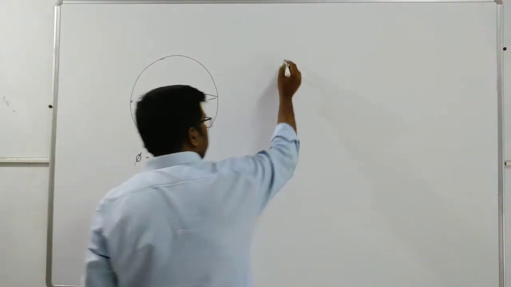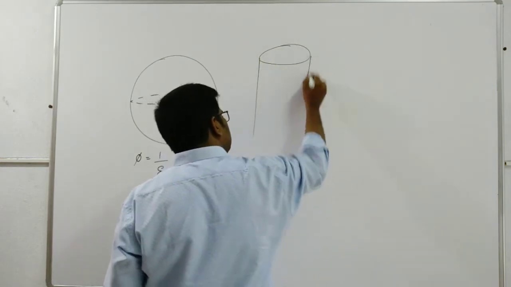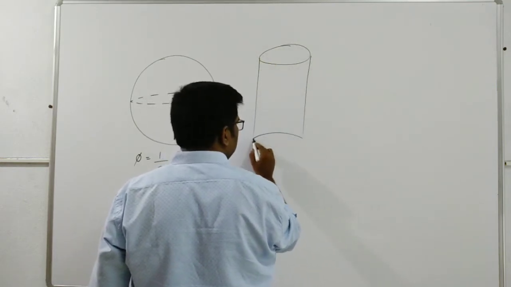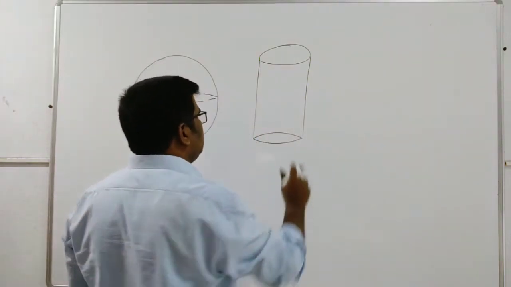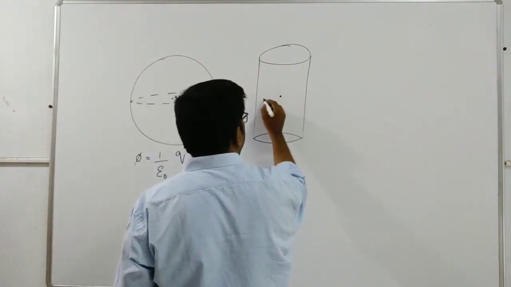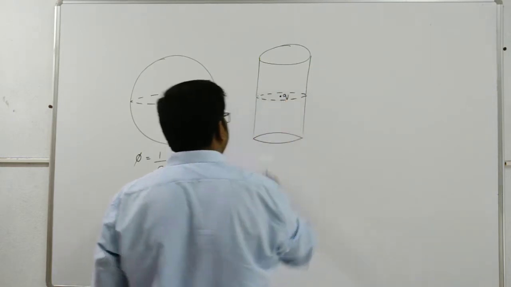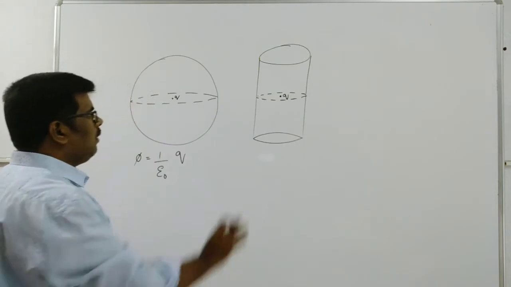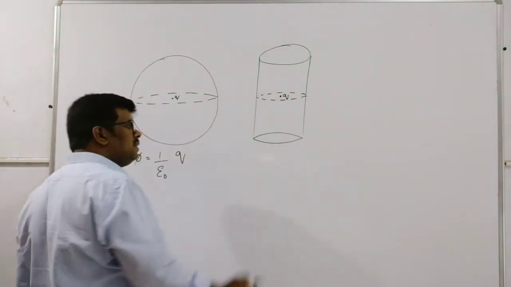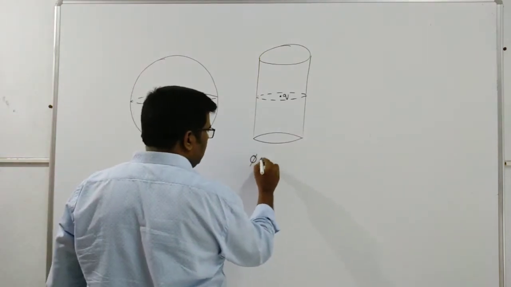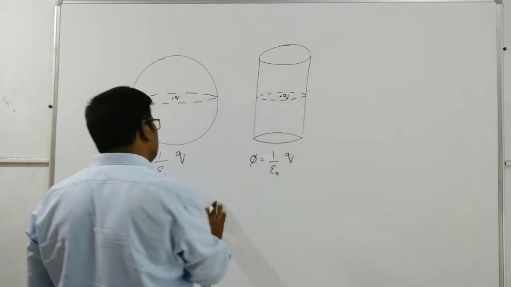Similarly, if you take a cylinder like this, and exactly at the center the charge Q is present, then what is the flux through this cylinder? The flux through this cylinder is phi equal to 1 by epsilon naught times the net charge enclosed by it.